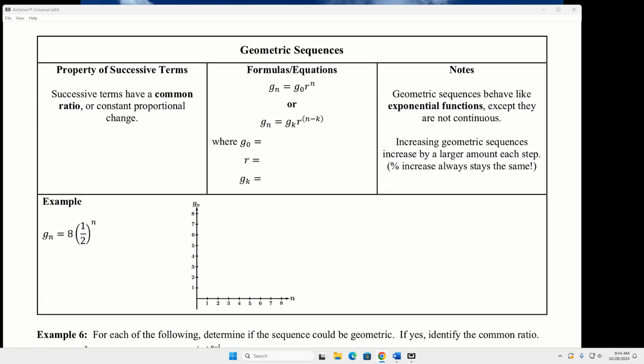All right, and just like the arithmetic sequences, there are two different ways we can write the rule. This way, you use an initial value, and R is the common ratio. And it is a lot less useful than the other equation, which you can use for any term.